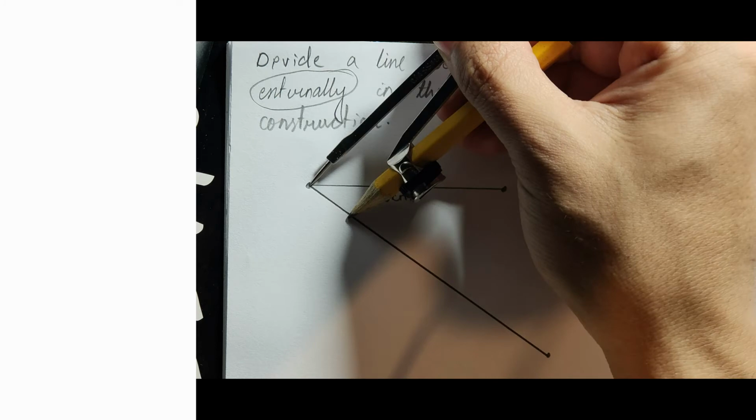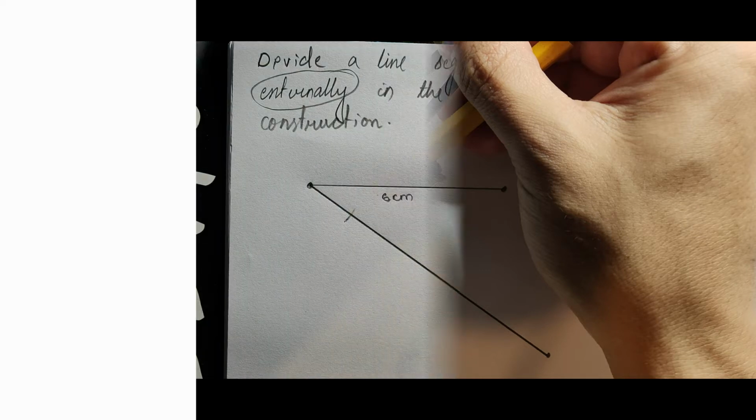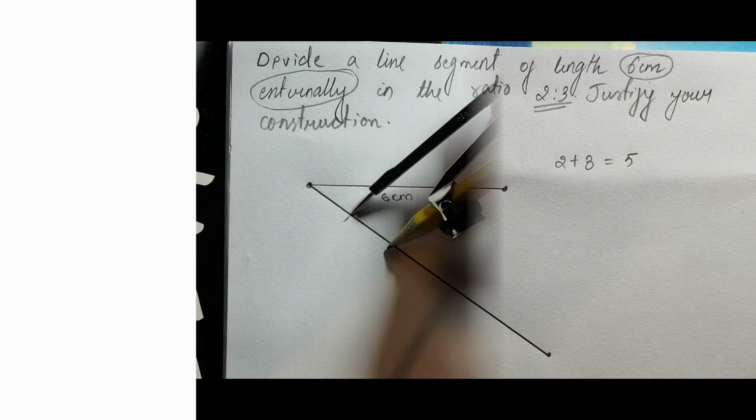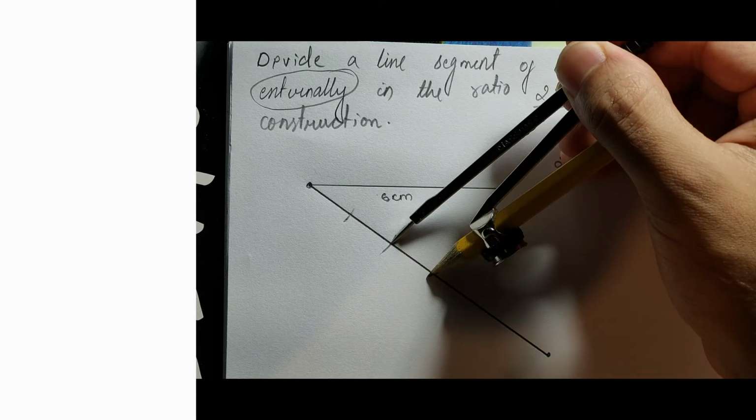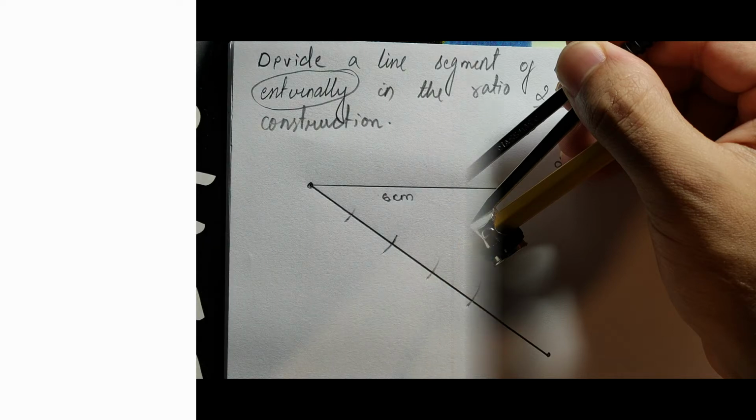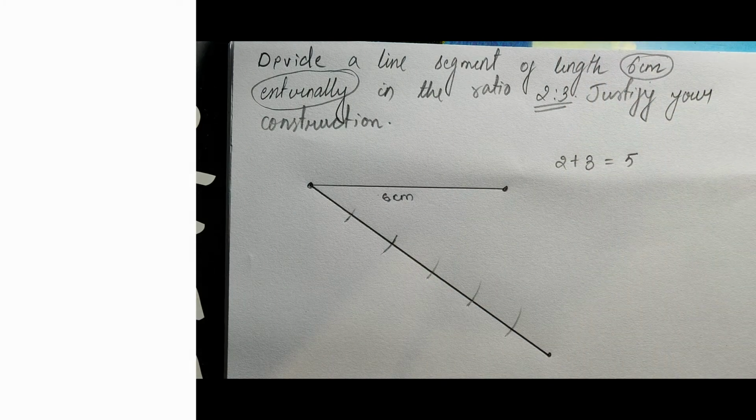Place your compass on one of the points and mark an arc on the line as shown. This is how it will look. Now without changing the size of the compass, place the point end on the arc and draw another arc as shown. Now continue this until the line gets divided into 5 equal parts. So this is how it will look.